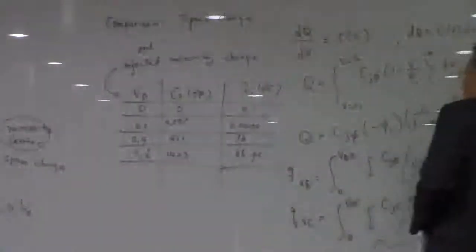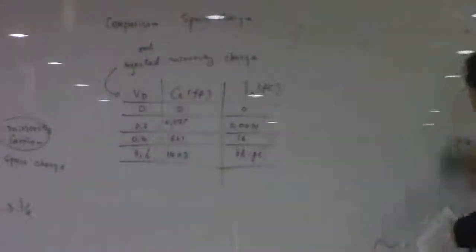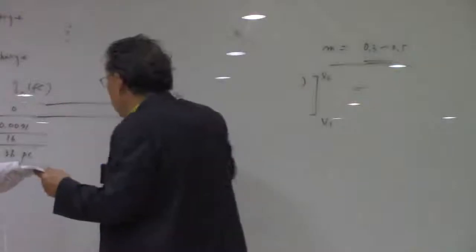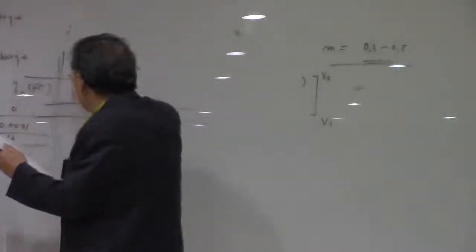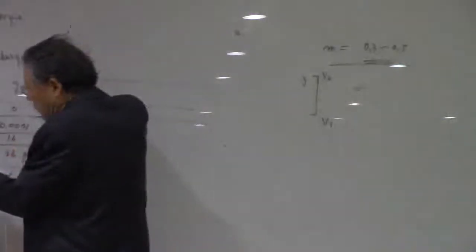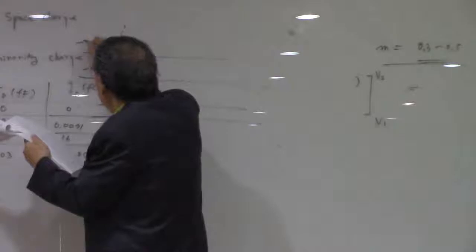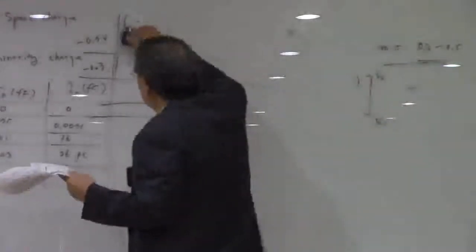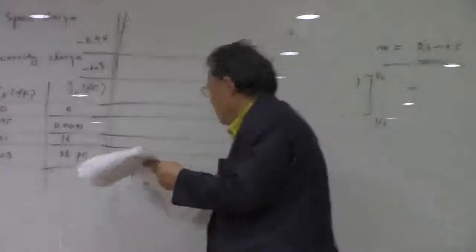Now, what about the space charge? In the space charge case, VD is equal to 0 here, and above this we have values of minus 0.3 and also minus 0.7 volts. Then 0.2, 0.4, 0.6.